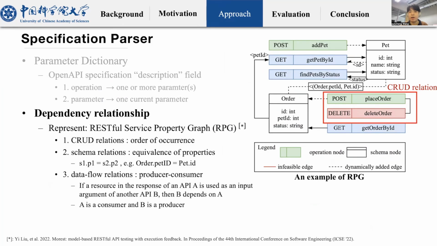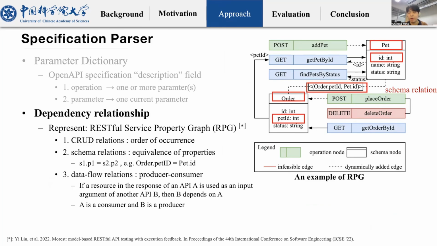We also identified three types of dependency relationships. First, CRUD relationships. This describes the order of operations for the same schema. For example, a create operation should precede read, update, or delete operations, and a delete operation should come last. Second, schema relationships.